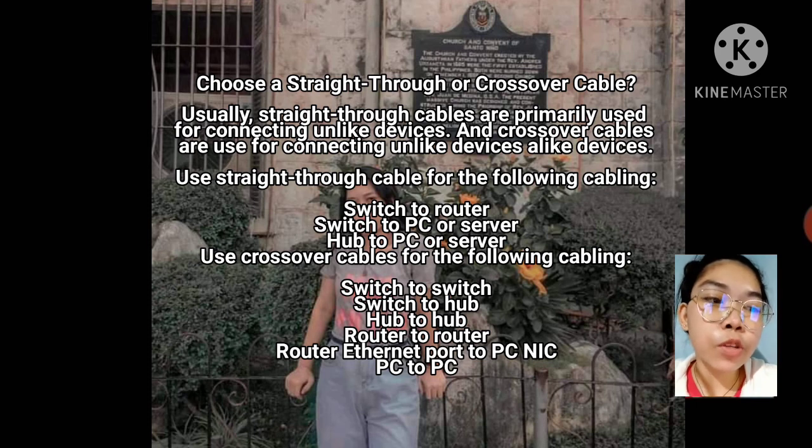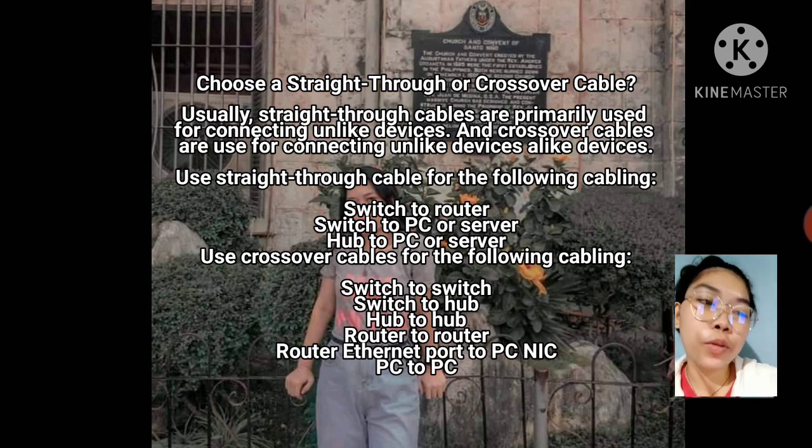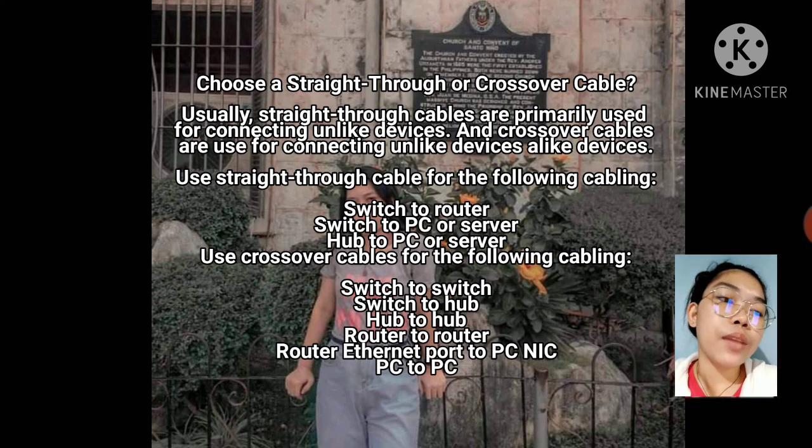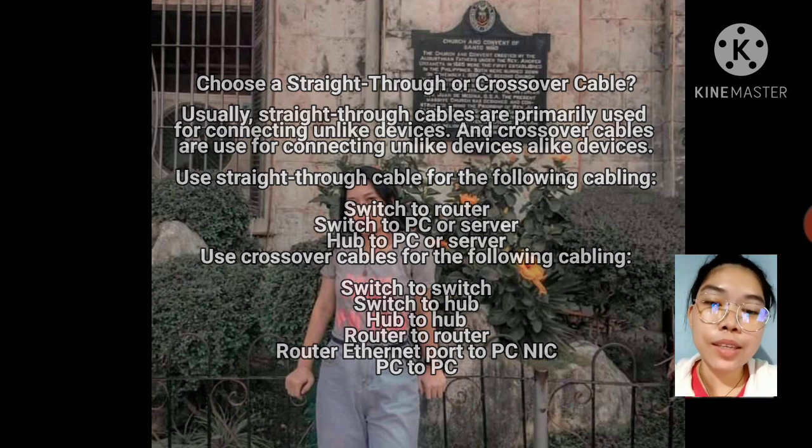Use crossover cables for the following cabling: switch to switch, hub to hub, and router to router. Lastly, router Internet port to PC and NIC, PC to PC.